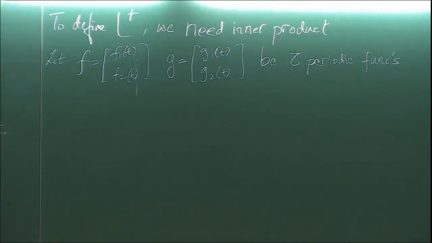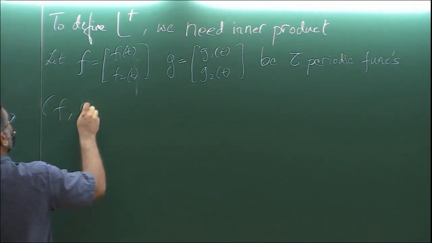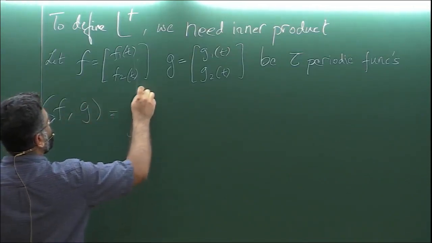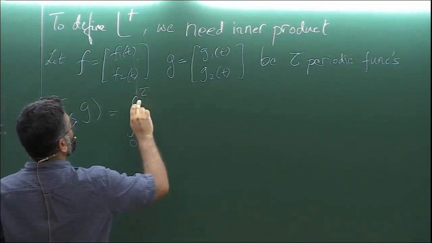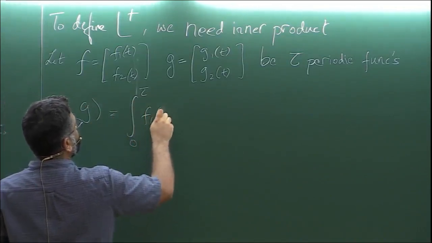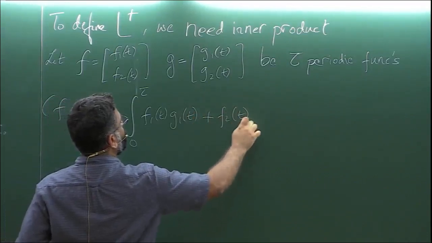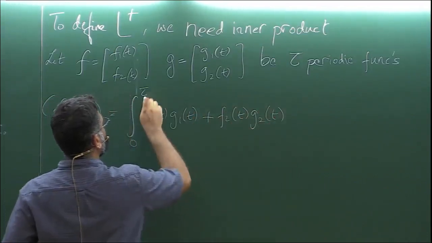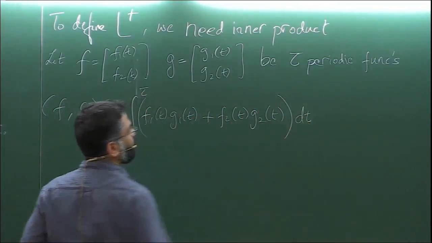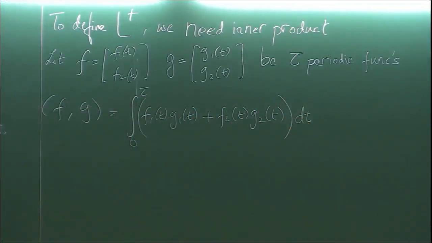Two vector-valued functions that are periodic with period tau. Okay? The inner product I'll define as the integral from 0 to tau of f1 of t g1 of t plus f2 of t g2 of t dt. Take the Euclidean inner product, integrate over time. That's all that is. Okay?